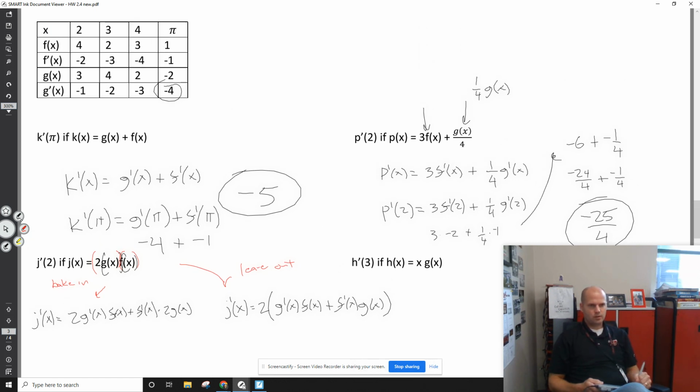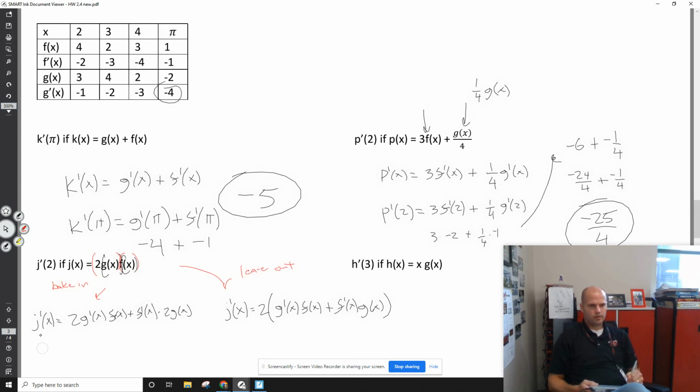We're finding j prime of 2. Let's just do the work over here. I'm not going to show plugging in. I'm just going to get the values. G prime of 2 is negative 1. F of 2 is 4. This is multiplied. F prime of 2 is negative 2 times 2. G of 2 is 3.